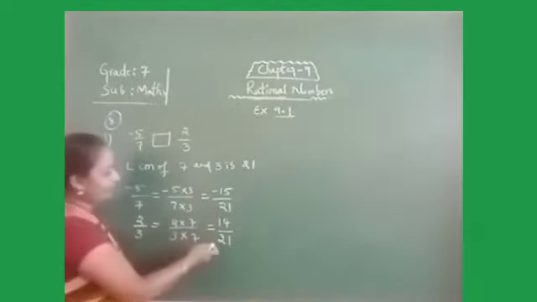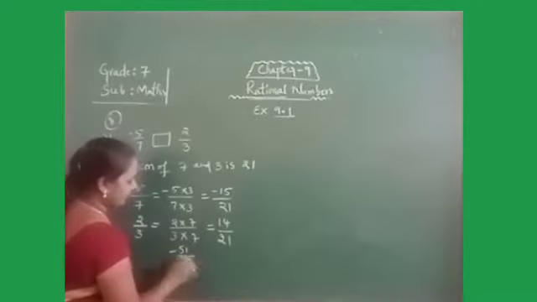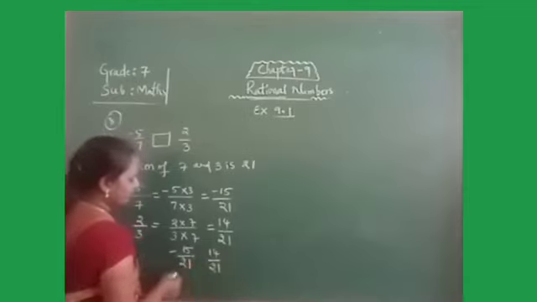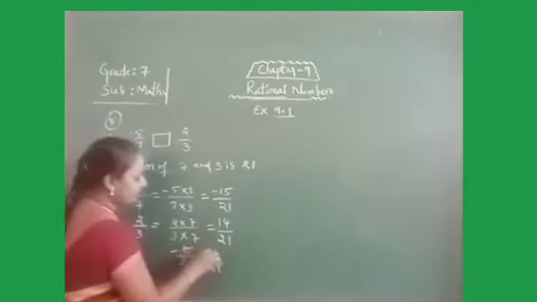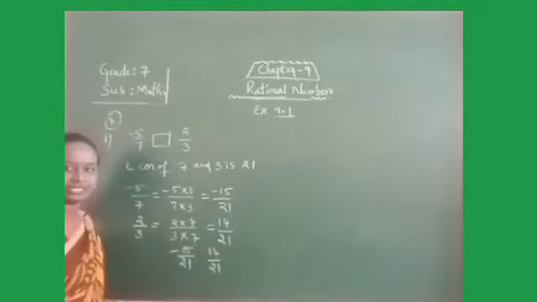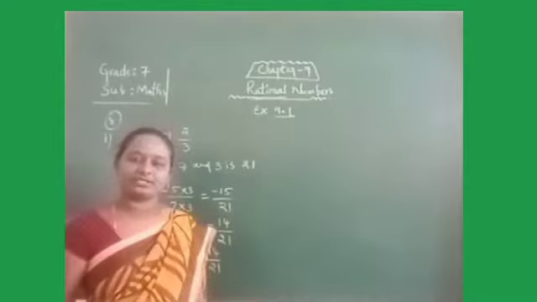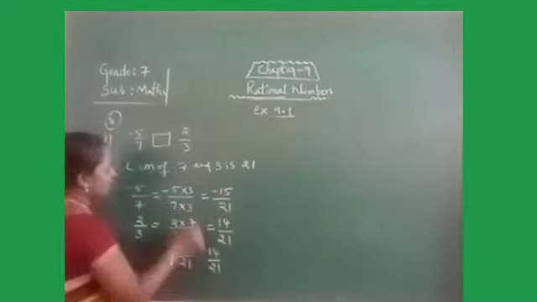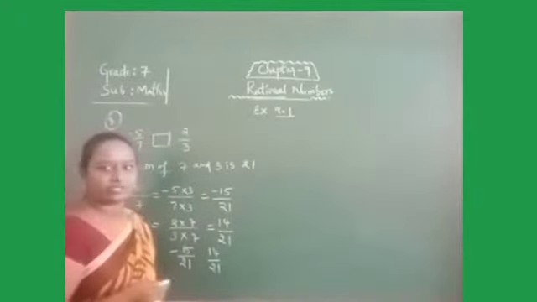Now the two rational numbers have the same denominator: minus 15 by 21 and 14 by 21. It is a negative rational number and a positive rational number. Always remember, negative rational numbers are always less than positive rational numbers. Here you can give the answer directly, but you have to follow the procedure.